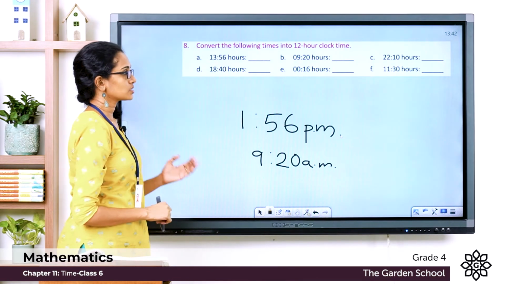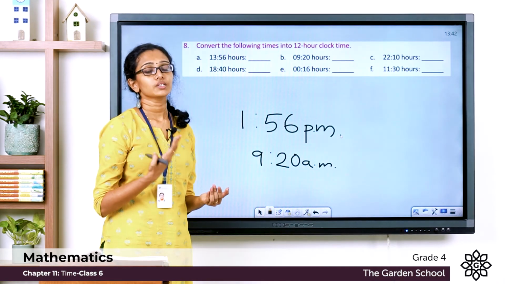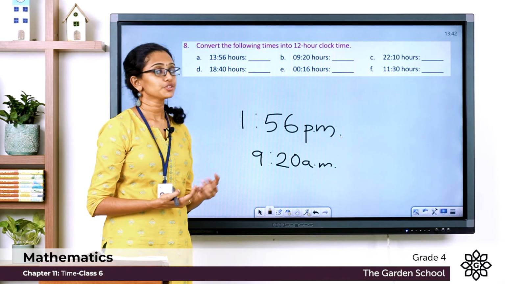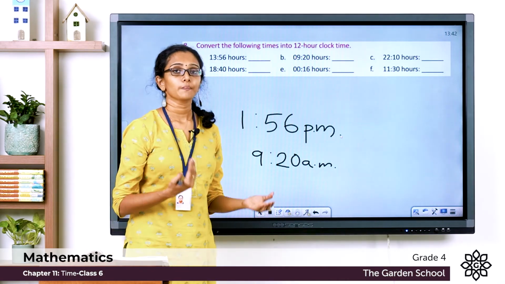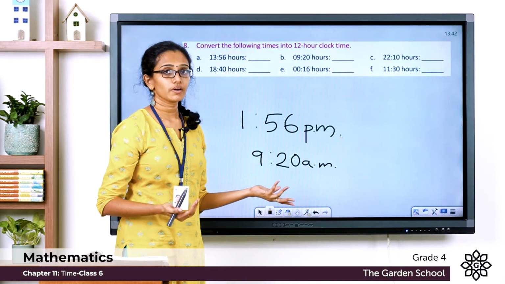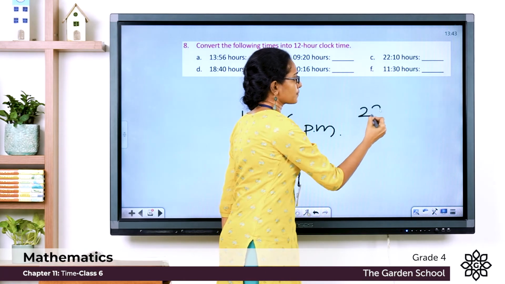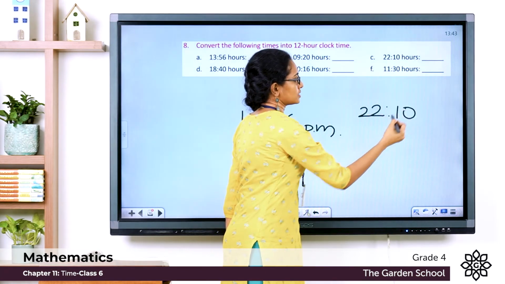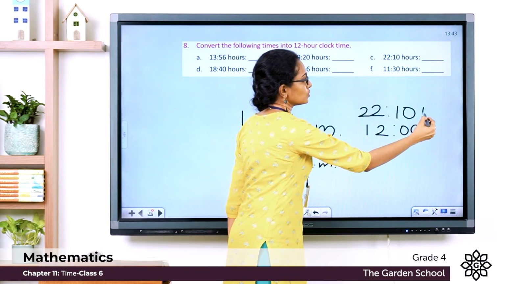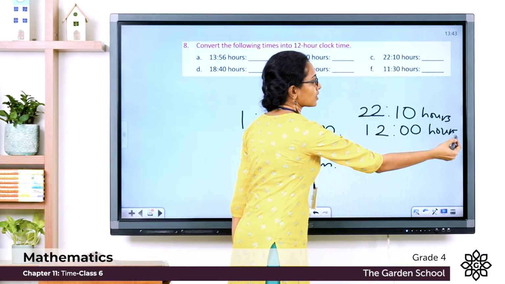Now question C, 22:10 hours. 22:10 means it is more than 12, so it means it's after 12 noon, which means the time given here is in PM. So 22:10 will be equal to how much in the 12-hour clock system? You can just subtract 12 hours from 22:10 hours to get the equivalent time in a 12-hour clock system.